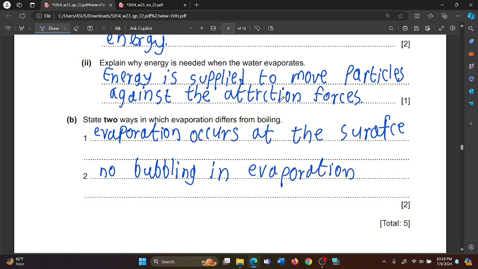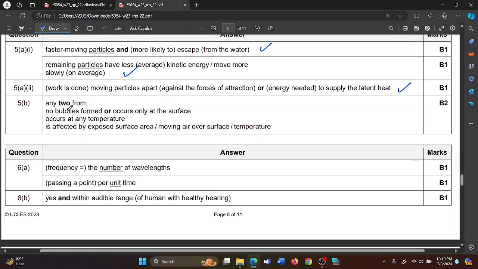Let's look at the mark scheme. The mark scheme says any two from these three. Did we write two? No bubbles formed. Yes, we wrote this part. We got one mark. Occurs at any temperature. We didn't write this, but we did write the third one. Oh no, I think we missed one point.